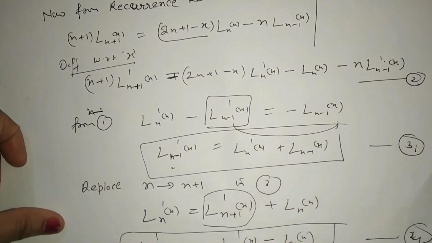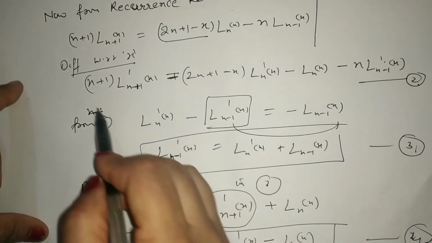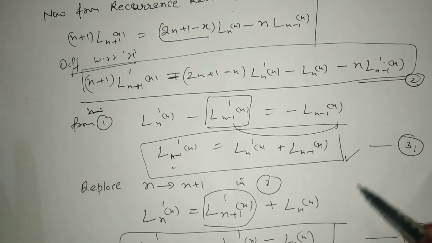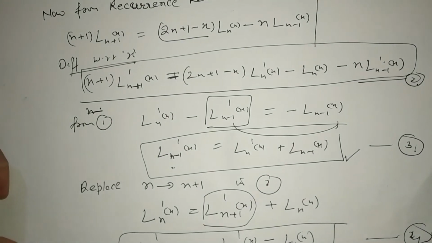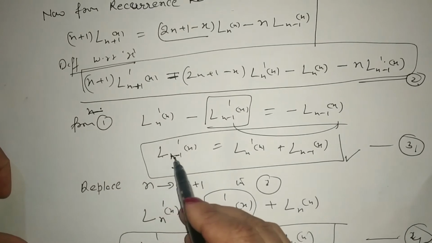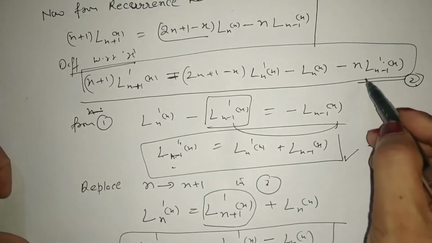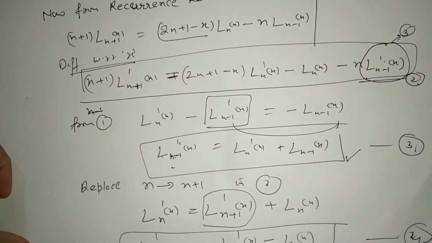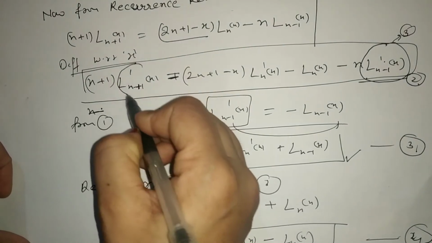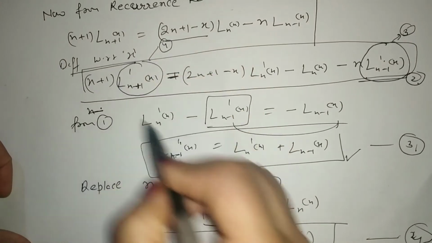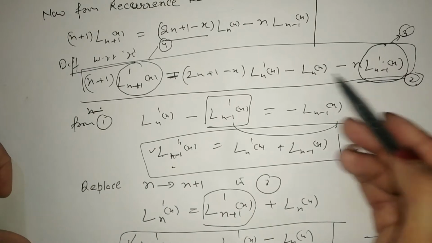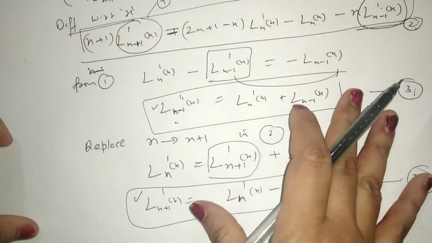So what we have obtained here, now we have to see all these results closely. This is our number 2 result, this is number 3, this is number 4. Now we have to put these values, l n minus 1 dash from 3, and the result of l n plus 1 dash from 4, in number 2.